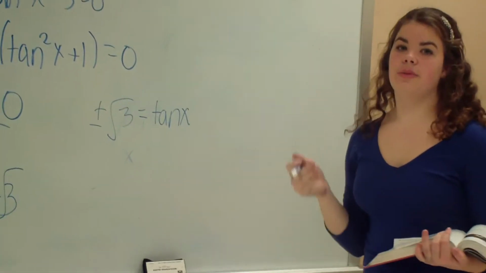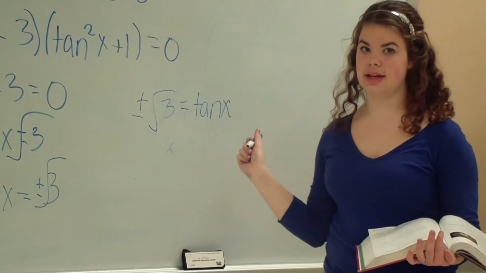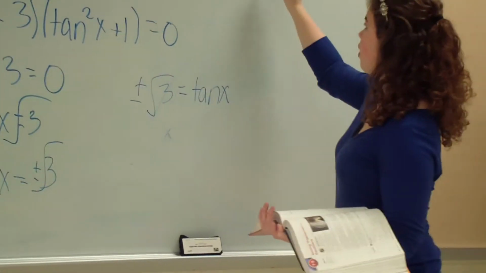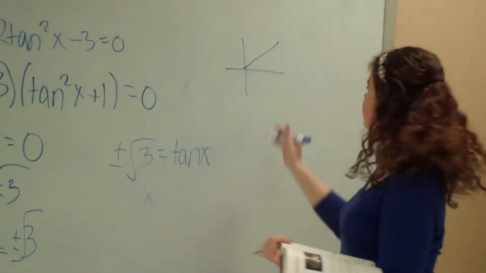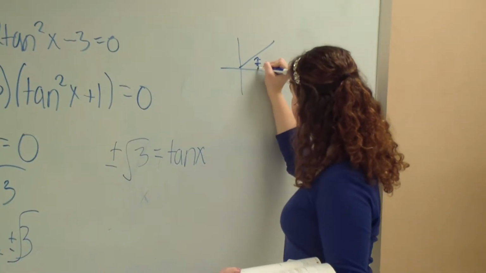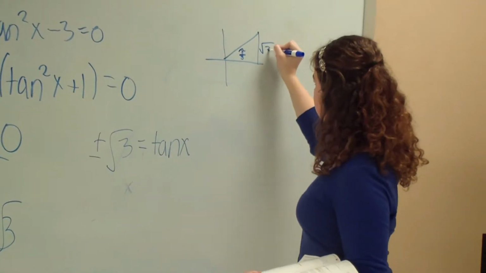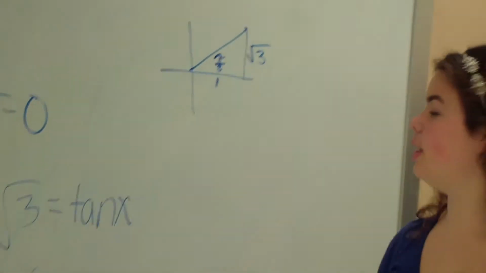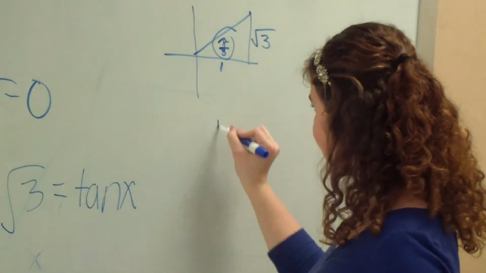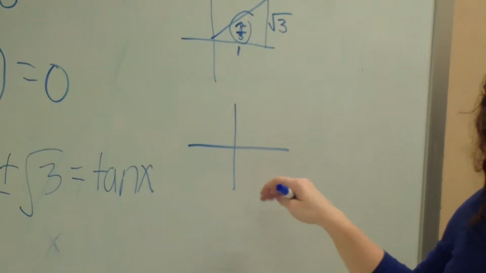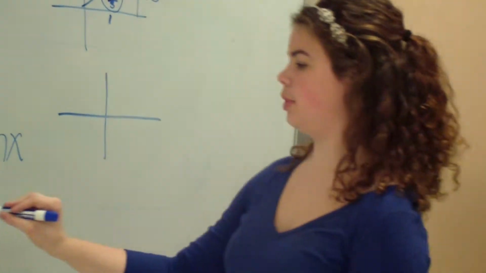Okay. So, if you have a positive square root of 3 equals tangent x, you know that that's going to be in your first quadrant. And you are going to get pi over 3. Remember, because it would be the square root of 3 over 1. And that your answer would be pi over 3. But if you have minus square root of 3, you're going to refer back to your quadrants, and you would have to add pi plus k.